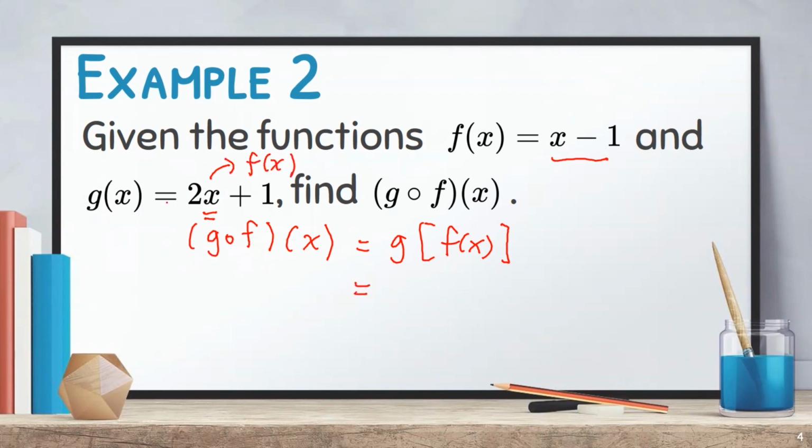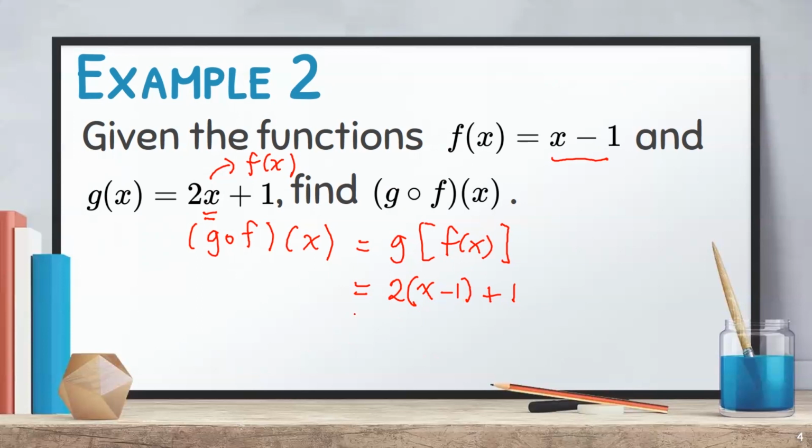So what will happen is 2, copy 2, times x will be changed into x minus 1. So that would be 2 times x minus 1 and then plus 1. From here, you will notice that the x of the outer function g became the first function f of x, x minus 1.